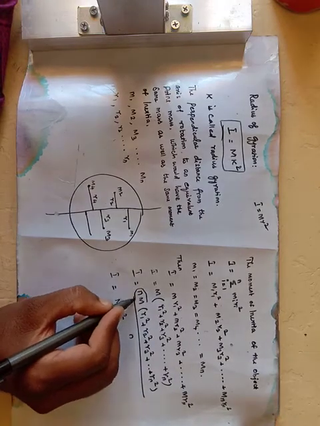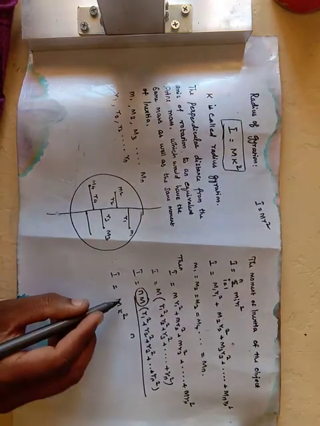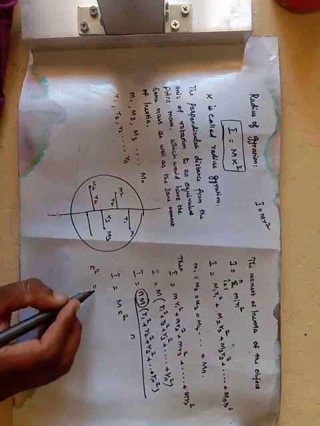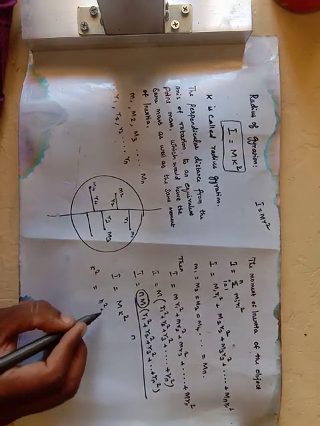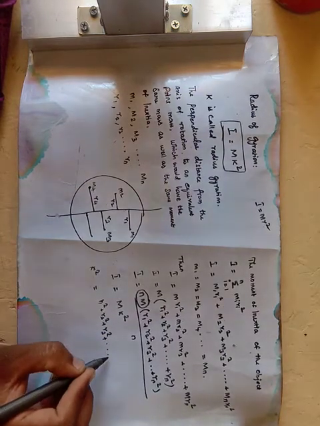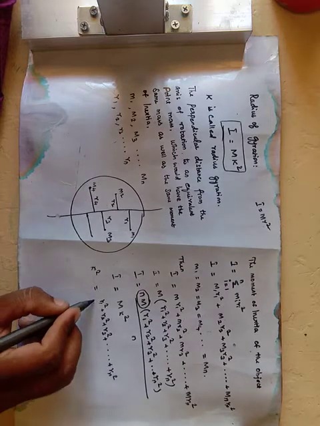So nm means the total mass, that is m. From this, k square is equal to r1 square plus r2 square plus r3 square and so on plus rn square divided by n.